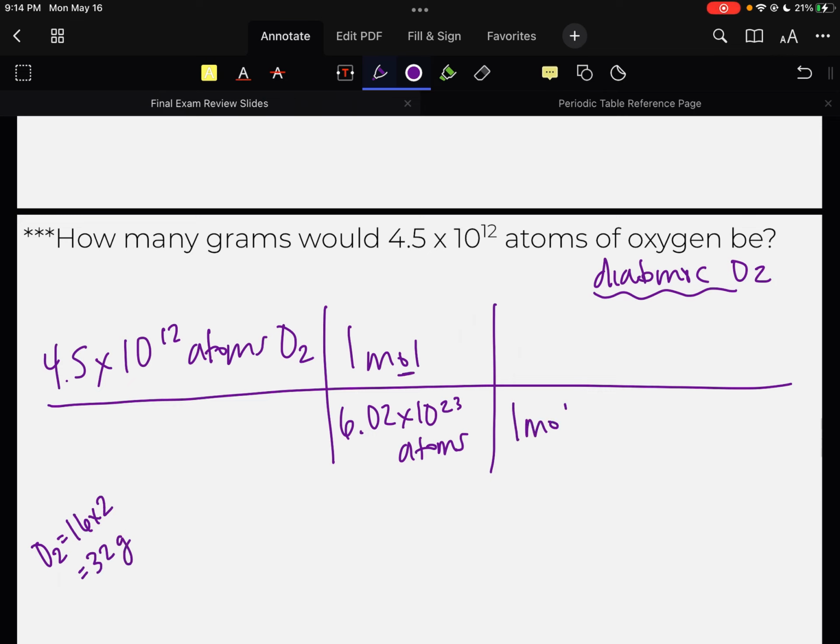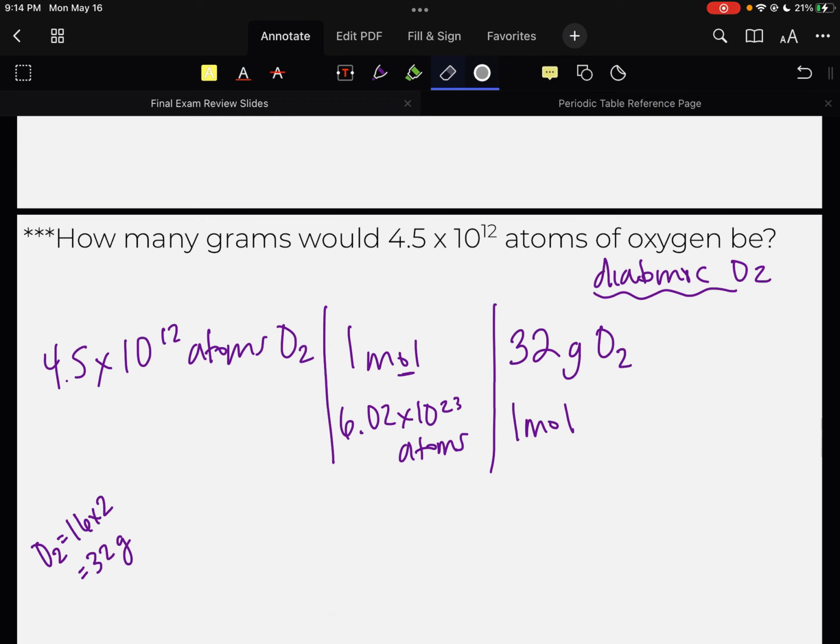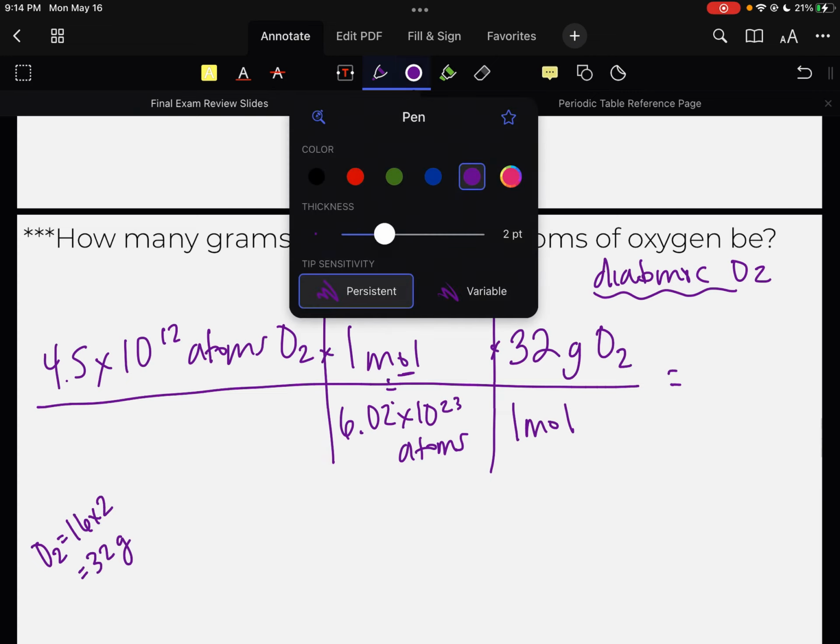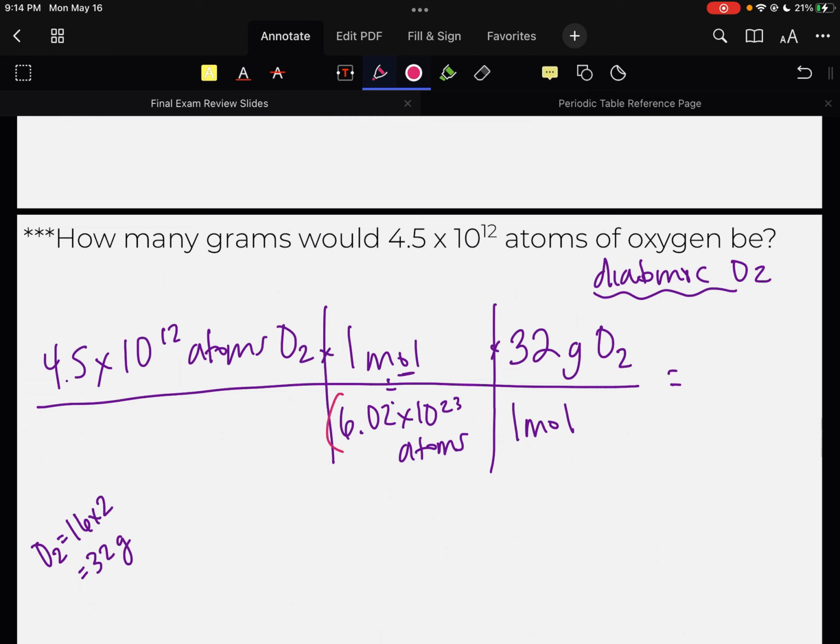So if I have moles on the top, I have to put moles on the bottom. And then I can just say 32 grams of O2. So now I'm ready for my answer. So everything on top, we're going to multiply, and then everything on the bottom, we're going to divide.